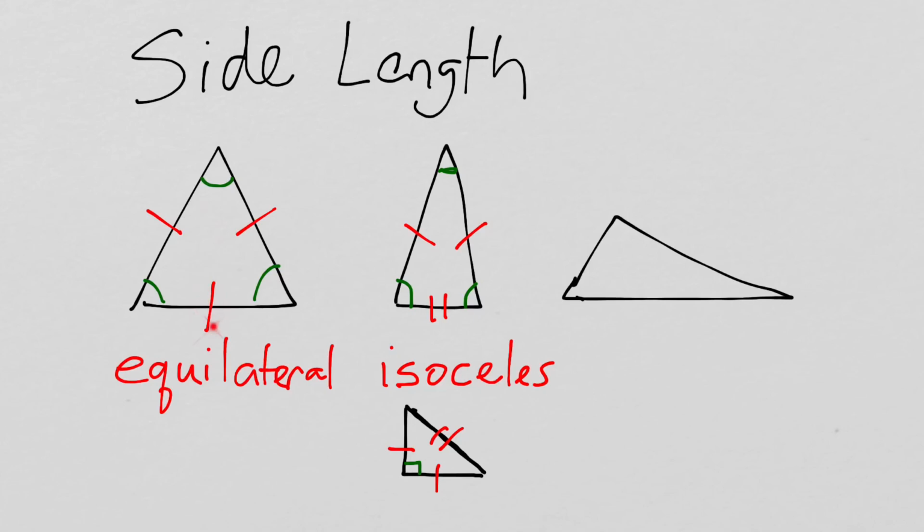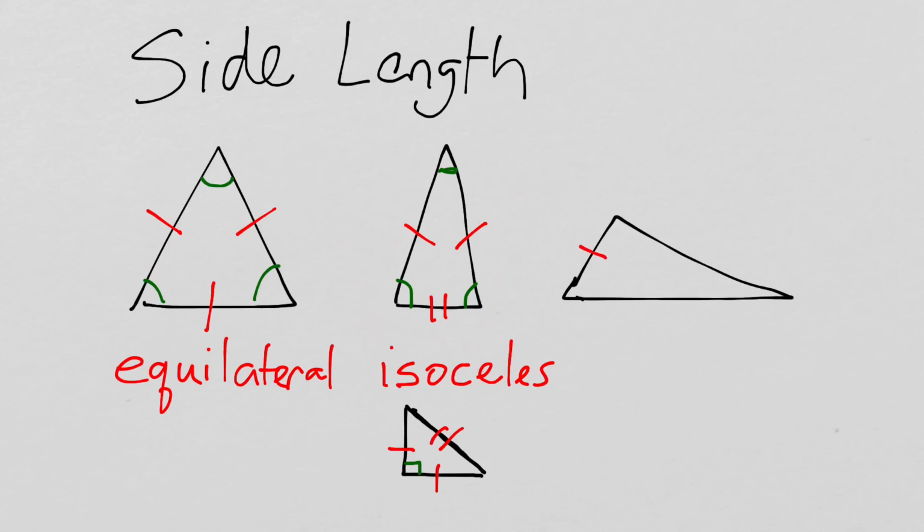It just happens to have a third that's the same. So the definition for isosceles is two sides the same. An equilateral is also an isosceles, but this isosceles is not an equilateral. I don't want to confuse you there, but the main thing is if it has three side lengths the same, it's equilateral. If it has two the same, it's isosceles.